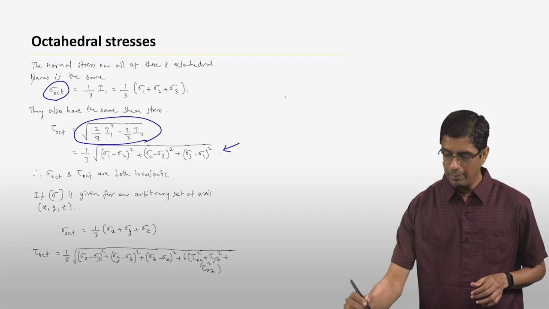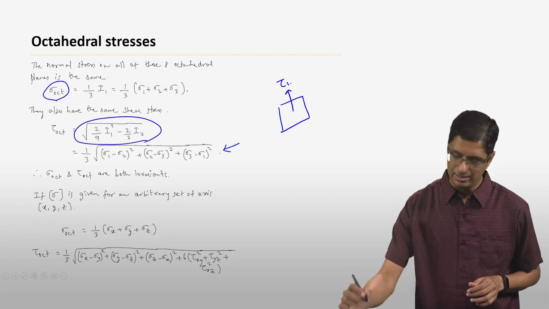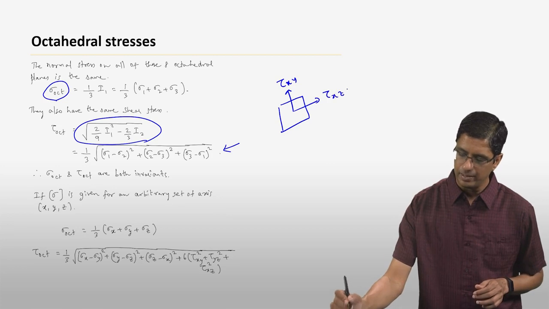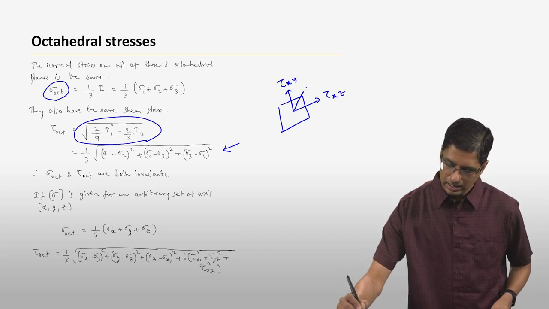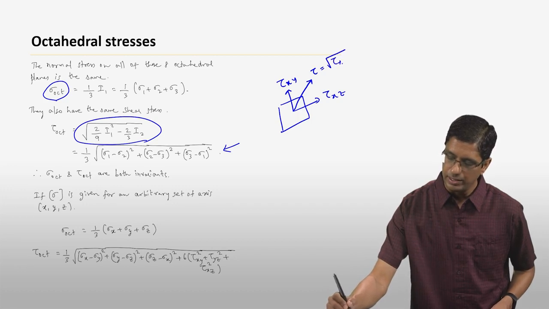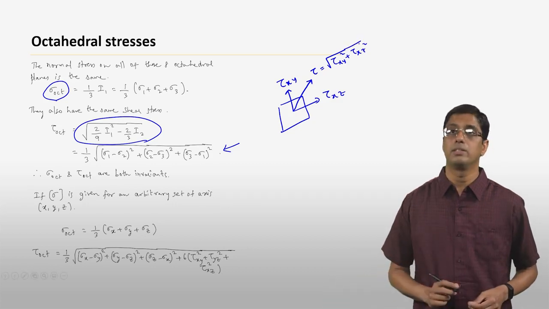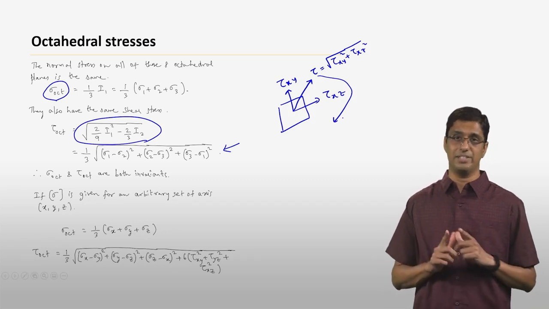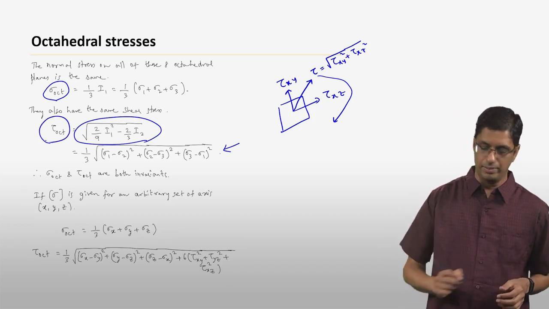If you think of a plane like this, with shear stresses tau xy and tau xz, and the normal to the plane is the x direction, then the resultant tau is the square root of tau xy squared plus tau xz squared. This is the octahedral shear stress I'm talking about, the resultant shear stress on the plane, and it is equal to this value, tau octahedral.